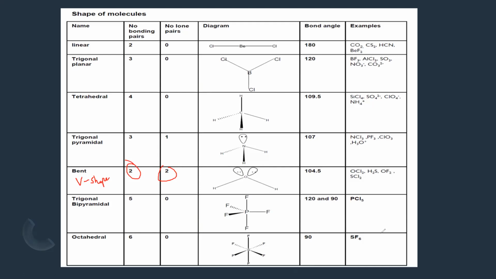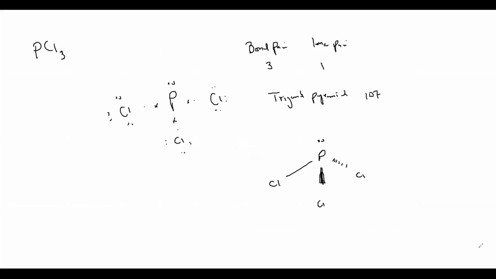When we predict the geometry for water, when you draw the dot and cross diagram for water, oxygen is the central atom and hydrogen is surrounding it.